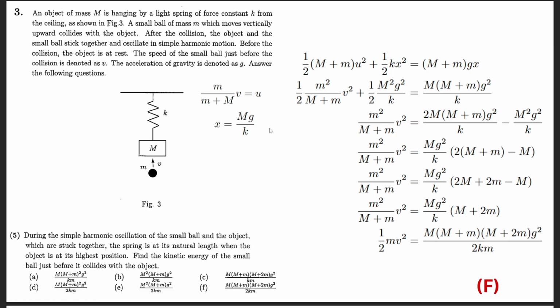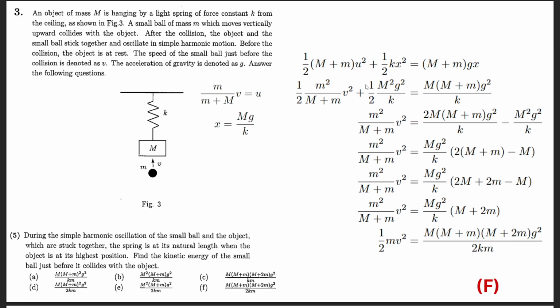So this is a long process. We can write u as m over (M plus m) times v, and we get this. And we can write x as mg over k, and we get this. So we can write x here too as mg over k.